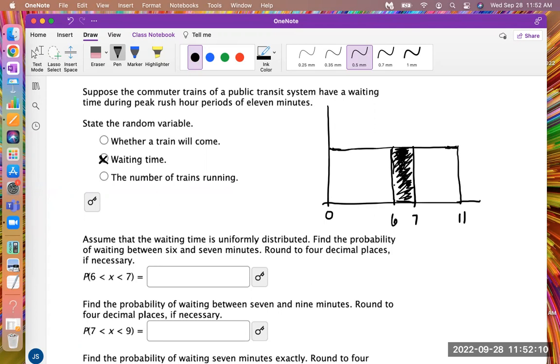And this area happens to be a rectangle. Hopefully you remember the equation for the area of a rectangle. It is just the base times the height. Or you may have said width times length.